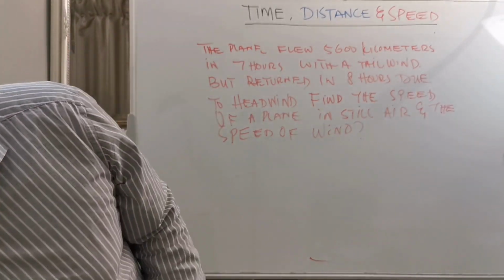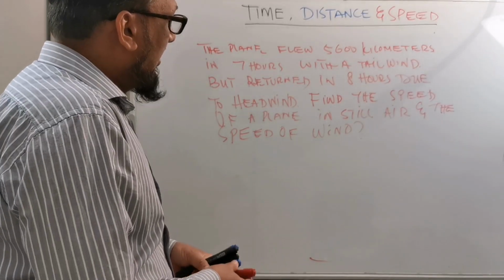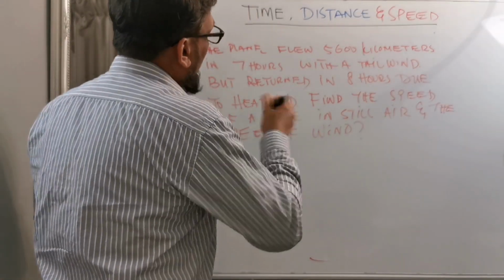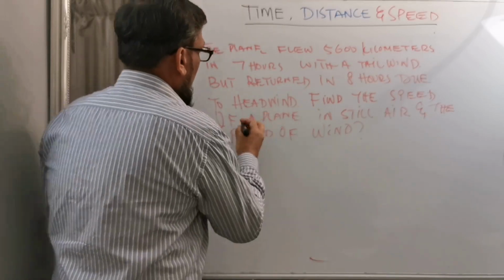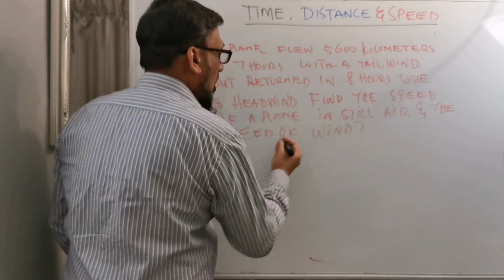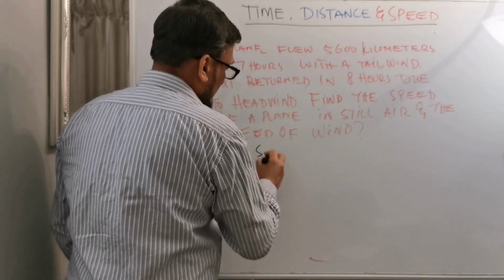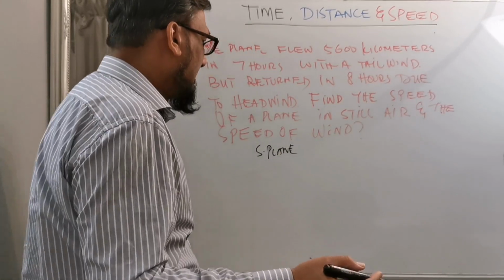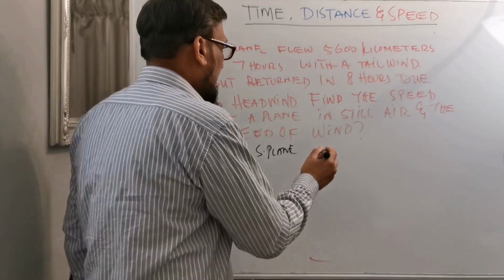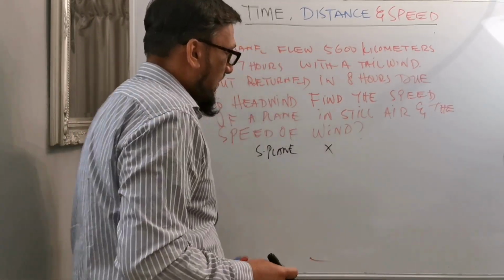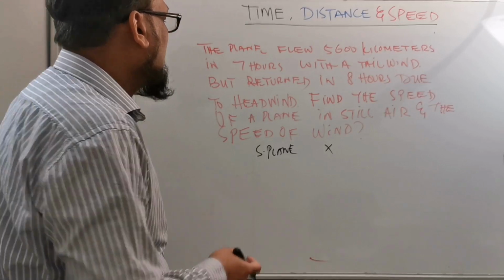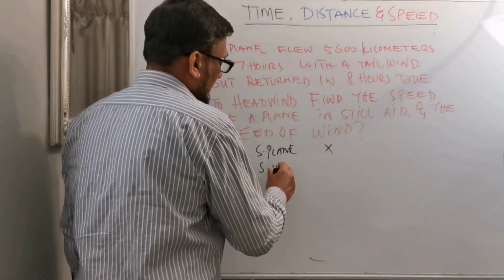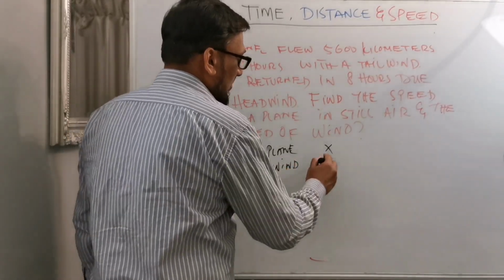So as we know, there is a speed of a plane, which we don't know, we need to work out, which is x, and the speed of a wind, which is y.